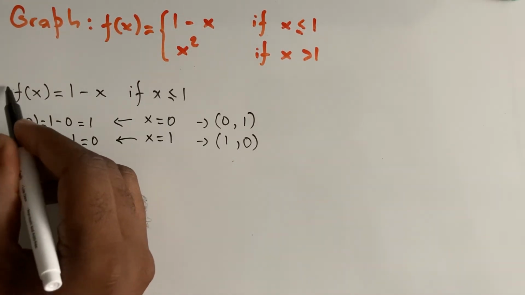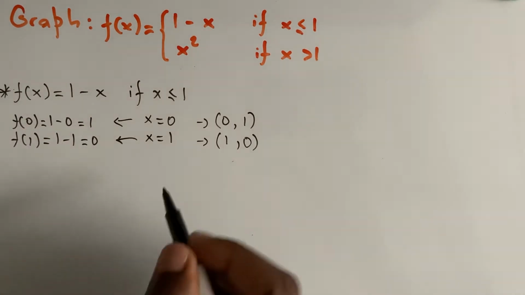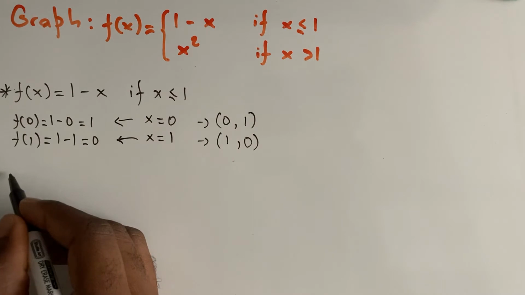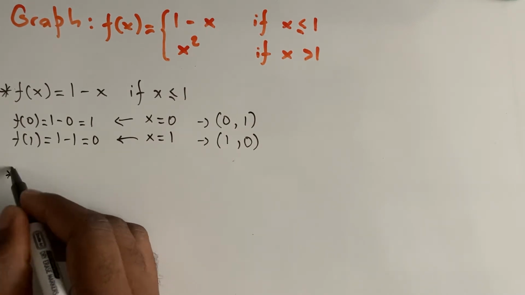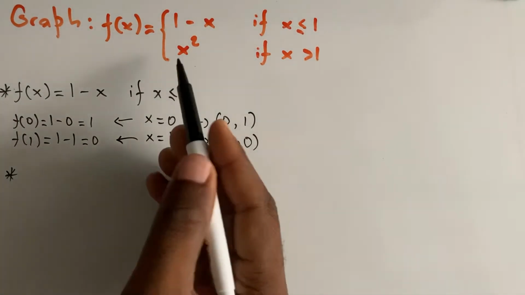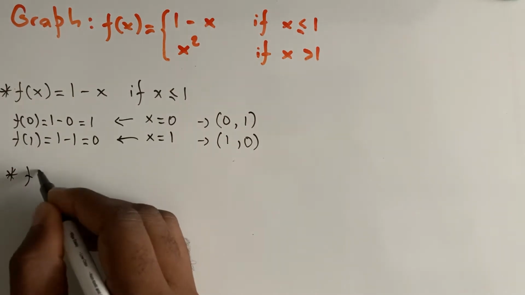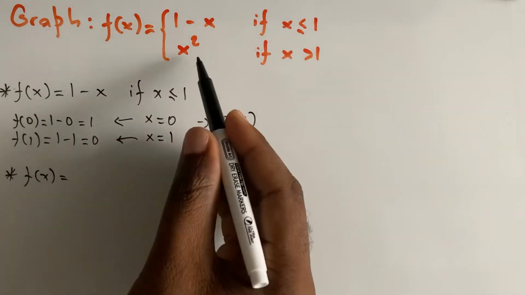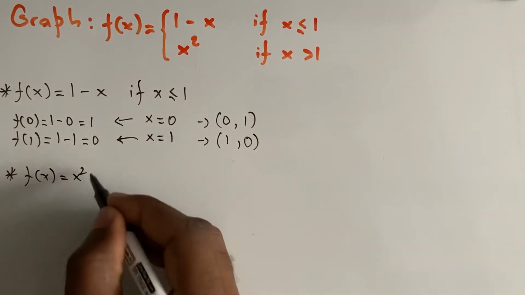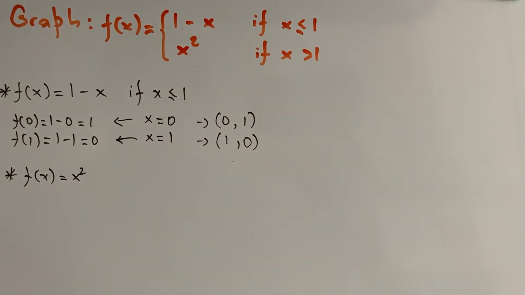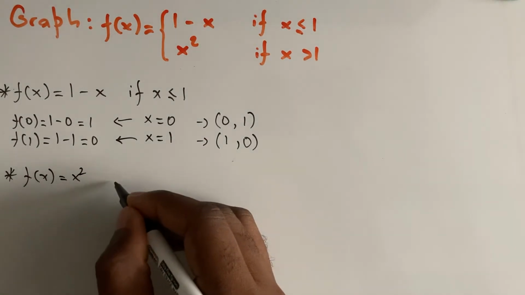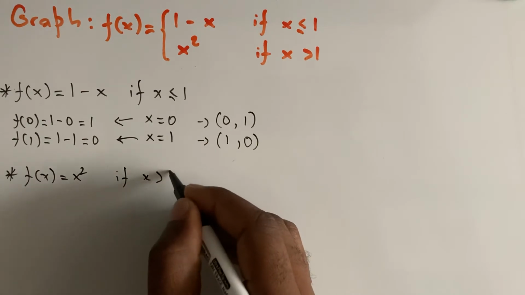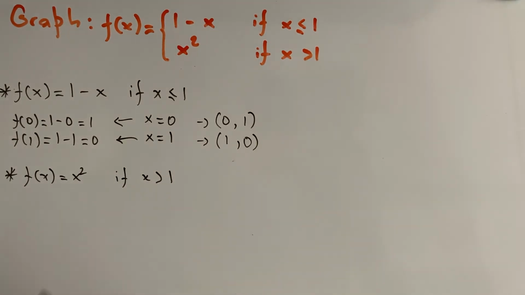Okay, now to graph this, by the way, you have two pieces. This is the first one, but you can go ahead and graph this one, or you can do the second one, the second piece. And in this case, the second piece would be f of x equals x squared, okay? F of x equals x squared. Now, f of x equals x squared, the condition is as this: if x is greater than 1, all right? Now, we'll do it the same way.